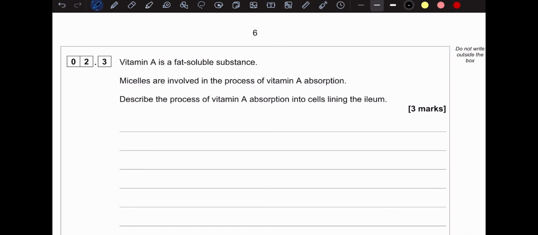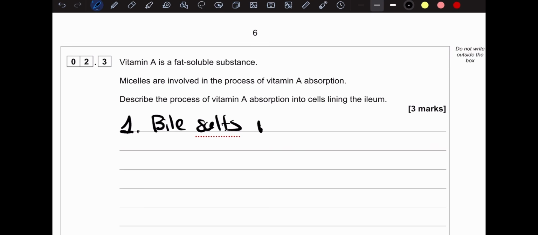Okay, vitamin A is a fat-soluble substance. Micelles are involved in the process of vitamin A absorption. Describe the process of vitamin A absorption into the cells lining the ileum. Okay, there's quite a structured response. First things first, whenever you see fat-soluble vitamin and it wants to talk about absorption, the key is bile salts, right?